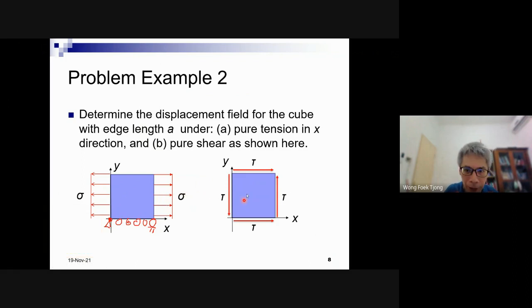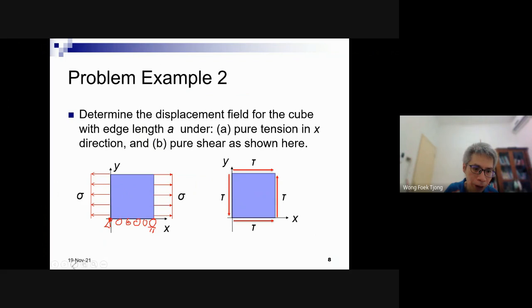And then the second body, the same body actually, the same square, but under pure shear. So we have shearing force here, tau, equal shearing force.